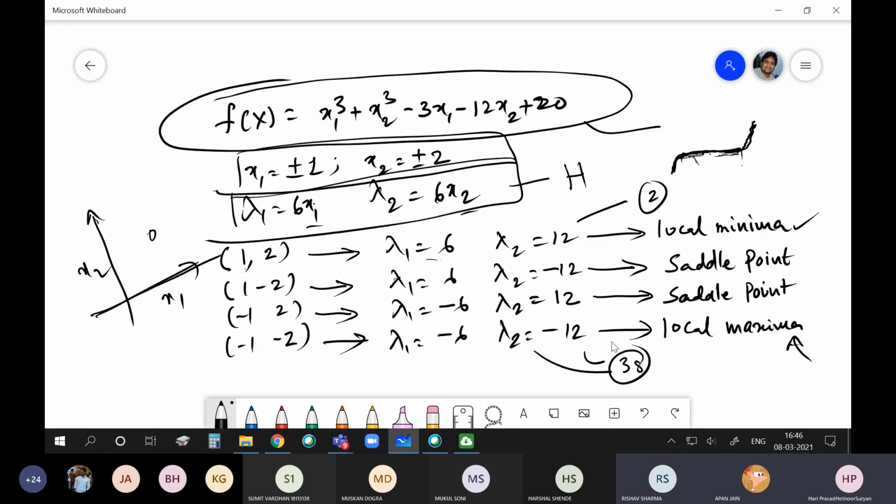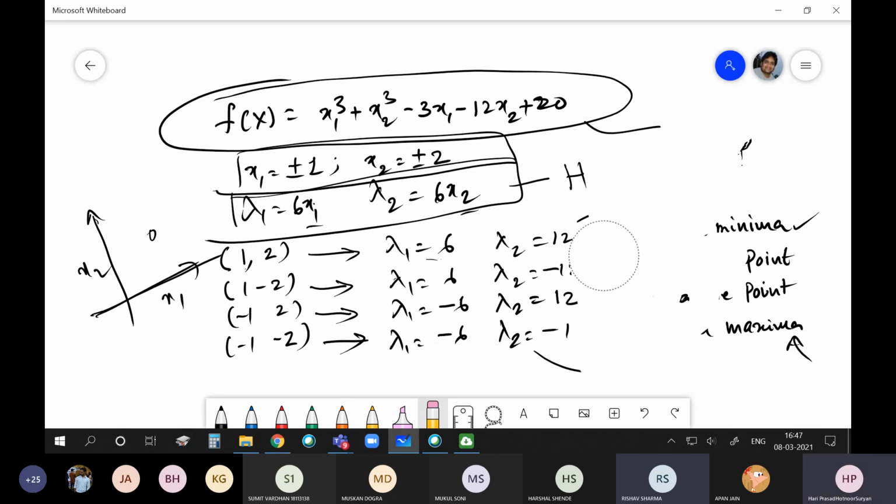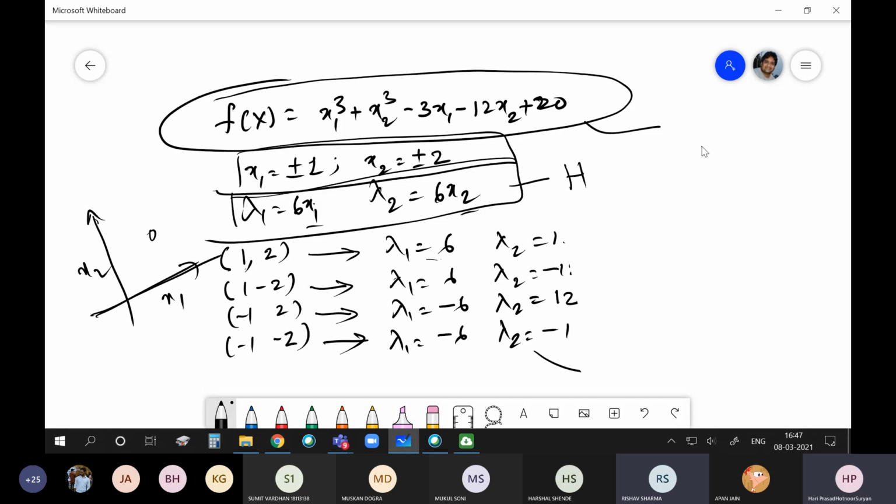So if I plot where I am getting the minimum at 1 and 2, I am plotting on the x1 x2 parametric space.